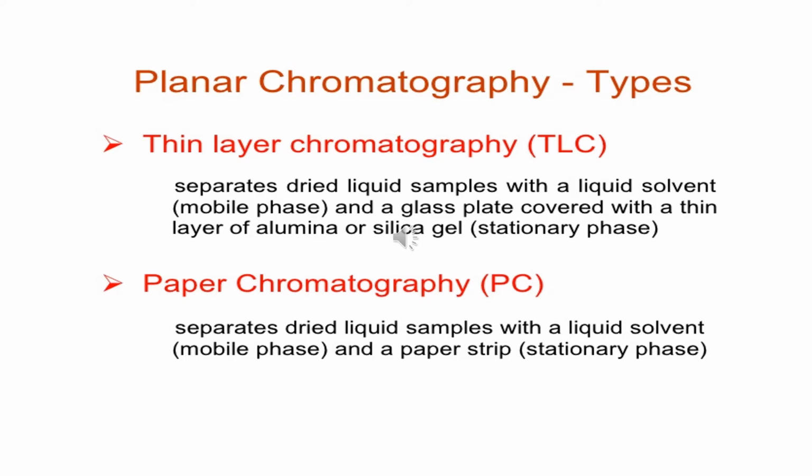So the liquid solvent is known as the mobile phase, and the silica gel or alumina layer is known as the stationary phase. In paper chromatography, a dried liquid sample is separated with a liquid solvent, that is the mobile phase, and the paper slip is the stationary phase.